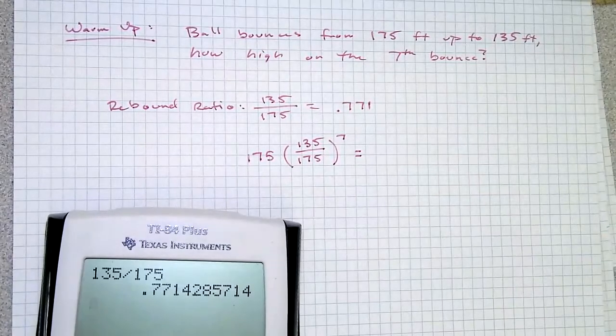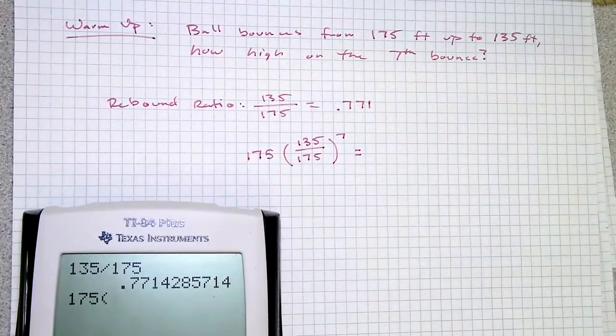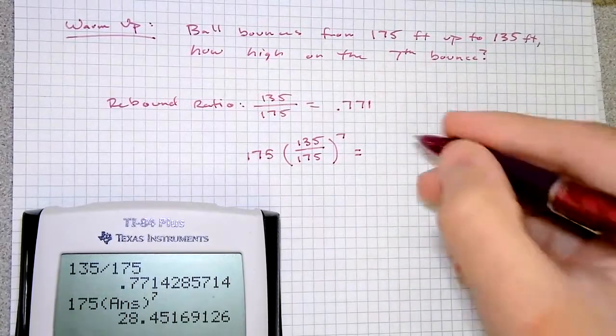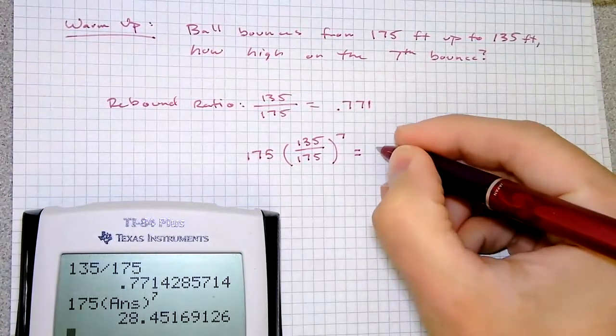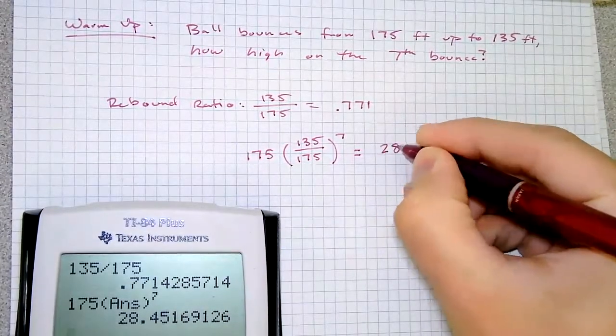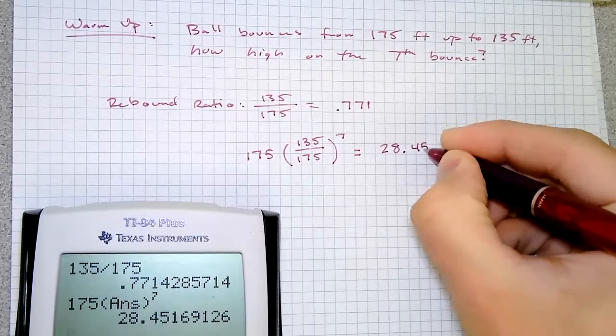So plug it into a calculator, 175 times our rebound ratio, raised to the 7th power. We get, and again, we can round it to 3 spots here, 28.452.